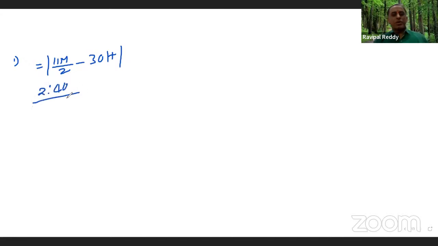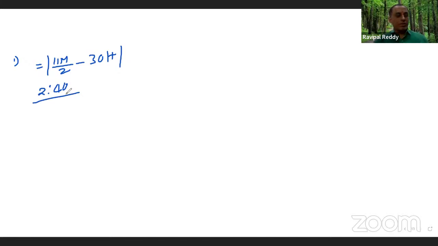The angle between the minutes hand and the hours hand is mod of 11m by 2 minus 30h. If we know the formula, within seconds we will get the answer. Here, m means minutes and h means hours.